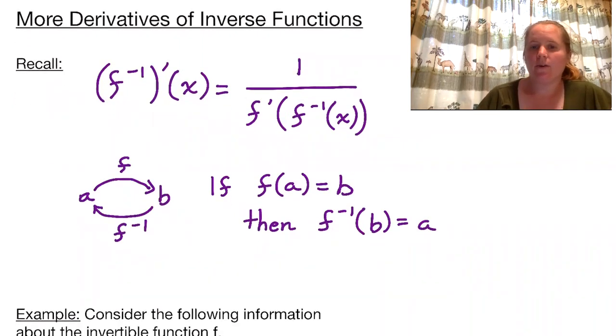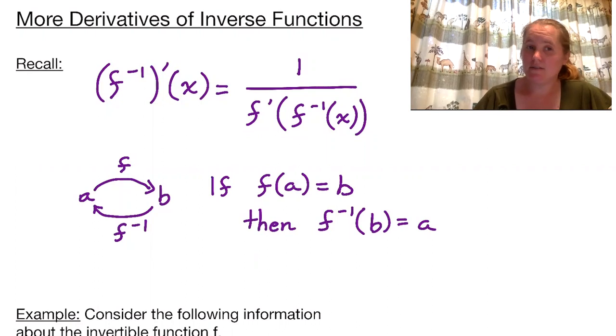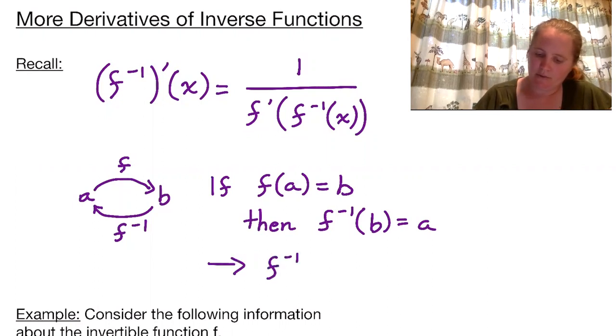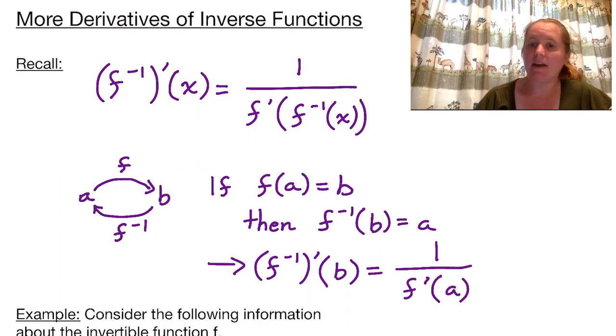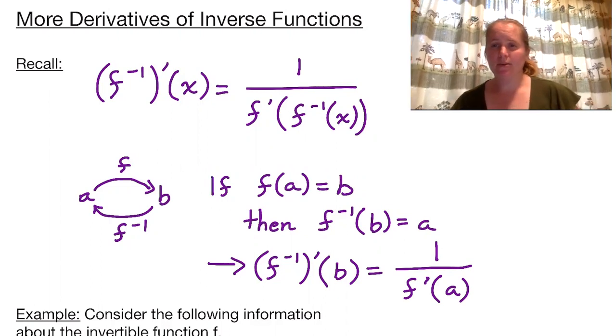So if we work with these, we could evaluate f inverse prime, the derivative of f inverse, at b, and this is the same as doing 1 over f prime evaluated at a. So we're going to take this and just work with some specific examples.